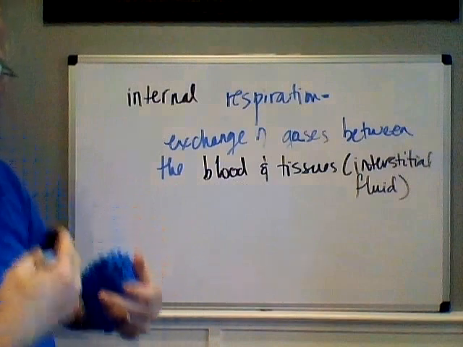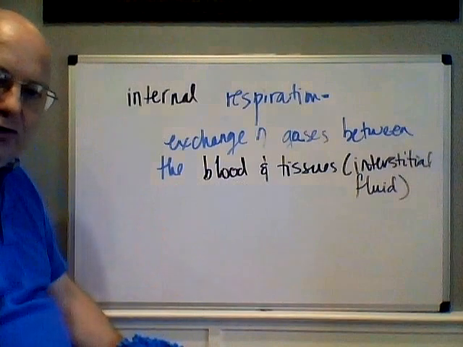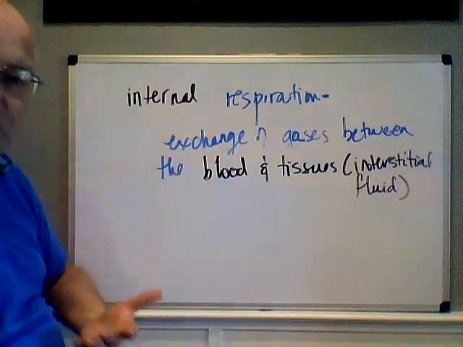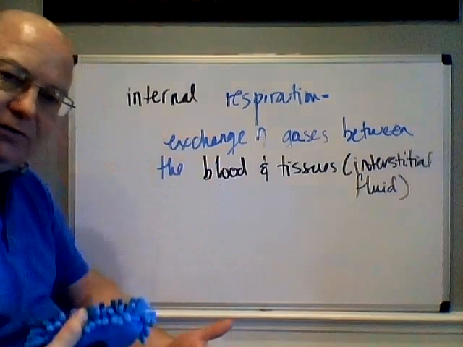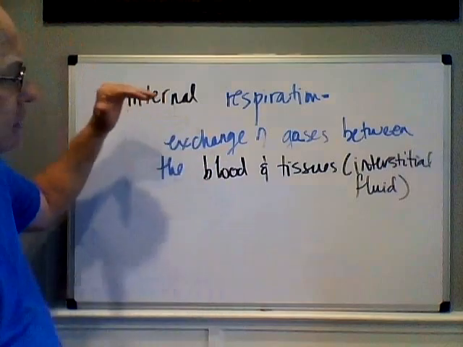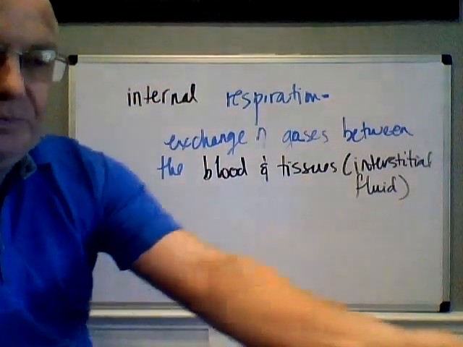So when I get the blood from the lungs down to the tissues, I'm going to have an exchange between the tissues. I'm going to get oxygen out of the blood into the interstitial fluid and the carbon dioxide from the interstitial fluid back into the blood. We call that internal respiration.